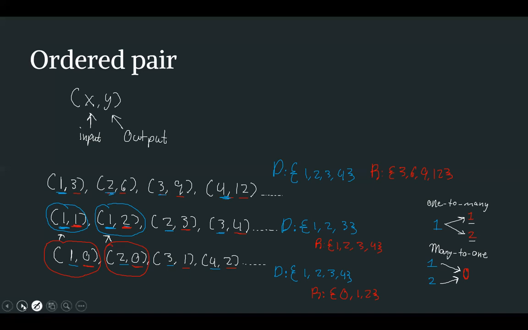So for the equation, I'm just going to discuss it in future videos. But I'm just going to write it this way. So in equation, we can determine relation by examples. These are the examples.